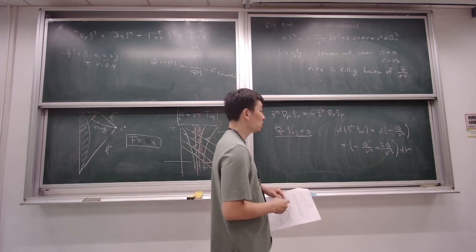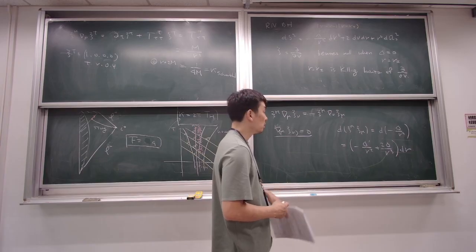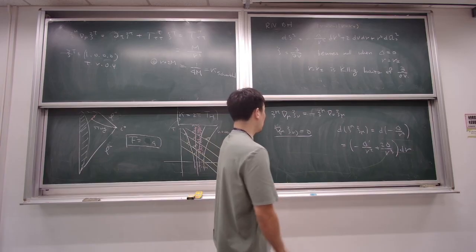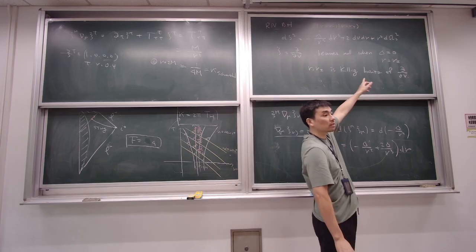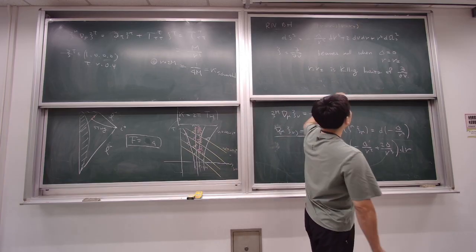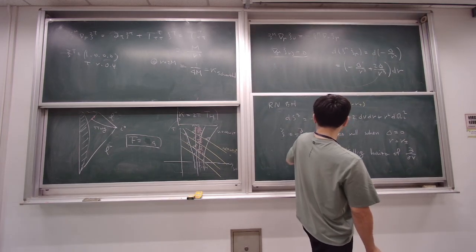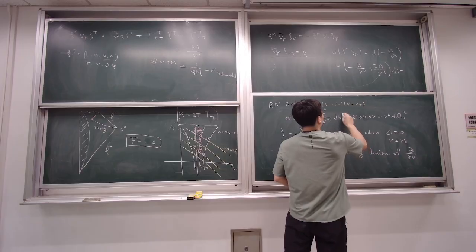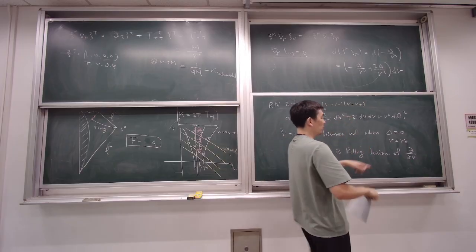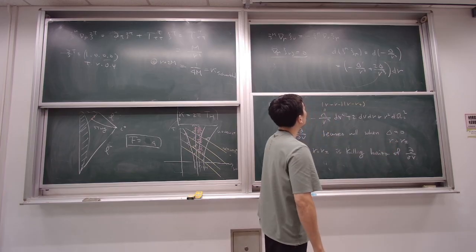Is Xi a null vector or not? Xi is null at the horizon. So this Xi is the B component, so this becomes null only when delta equals 0, which is the horizon. So this calculation is only for the horizon.